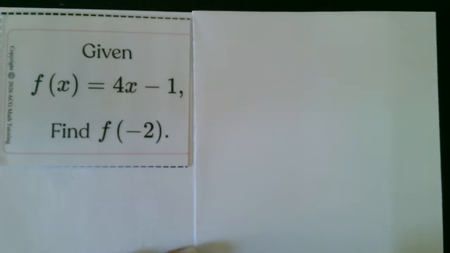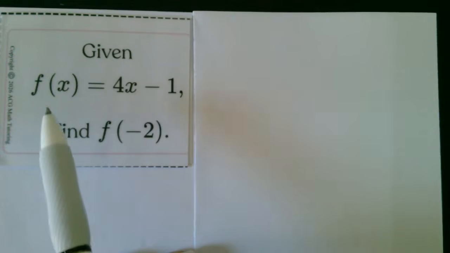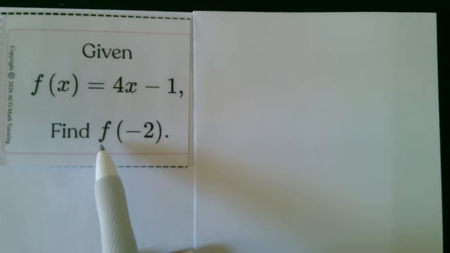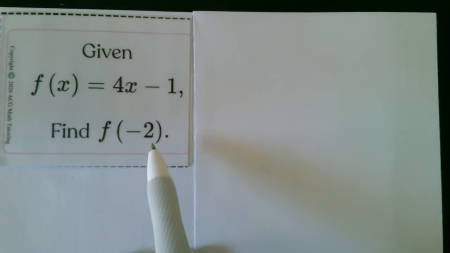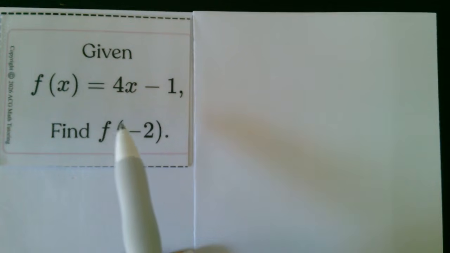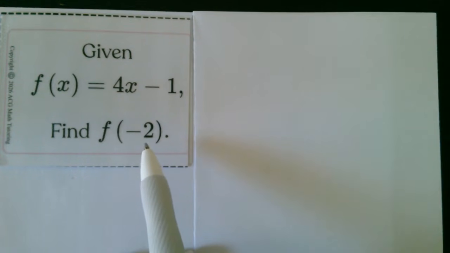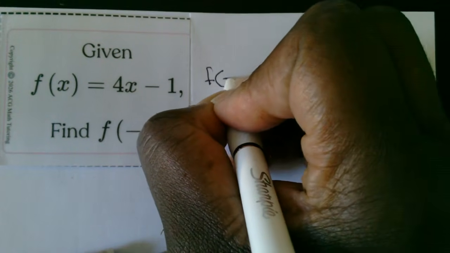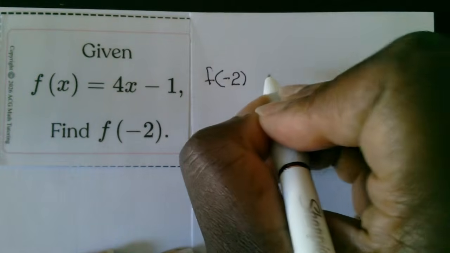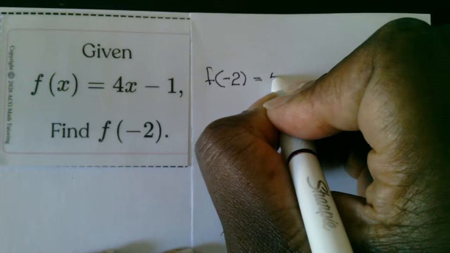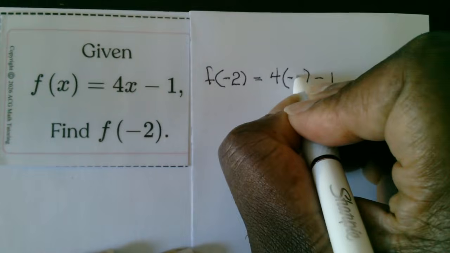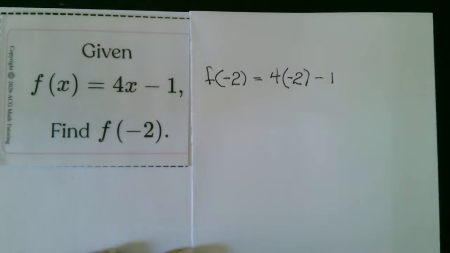So we have f of x is equal to 4x minus 1, and we're looking for f of negative 2. Notice that negative 2 and x are in the same space, so we're simply plugging in, or substituting, the x with our negative 2.